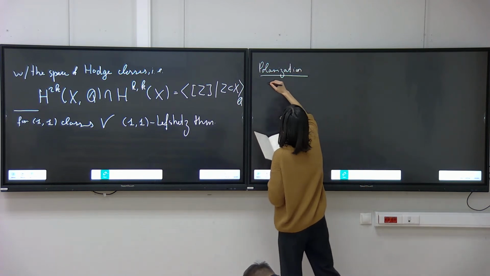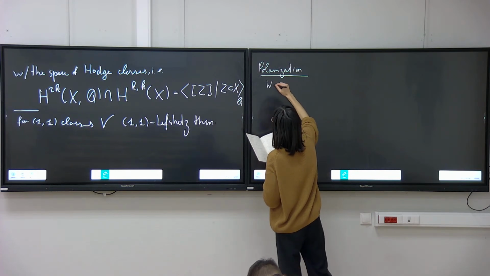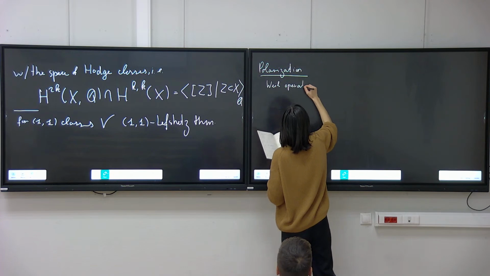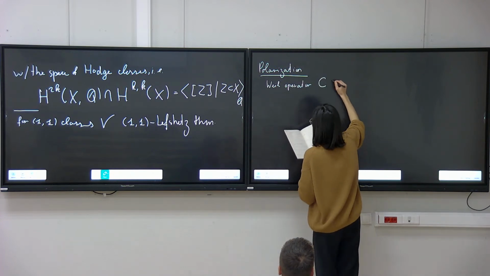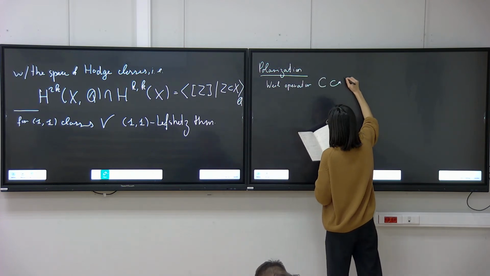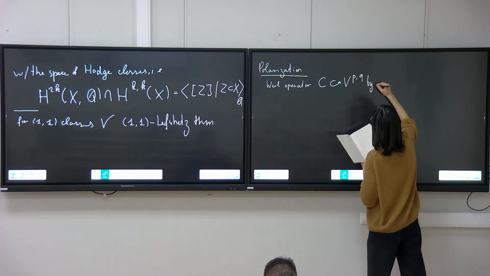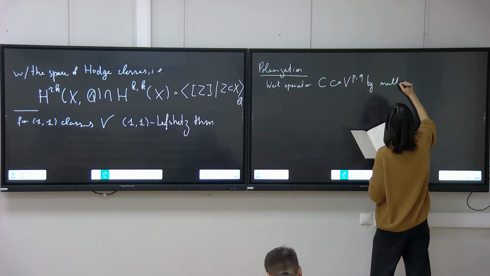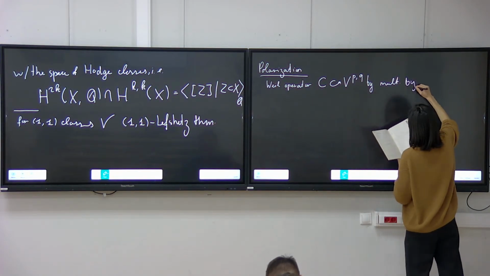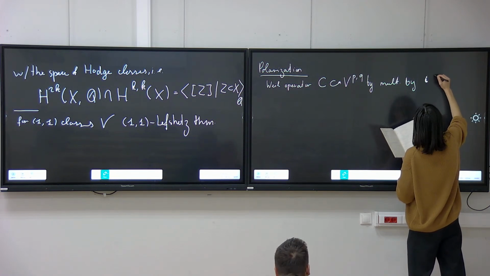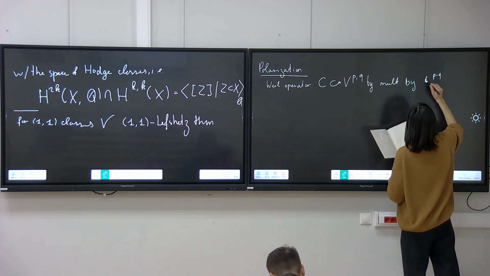So first of all, let me define the Weil operator C that acts on V^{p,q} by multiplication by i, complex i, to the power p minus q.